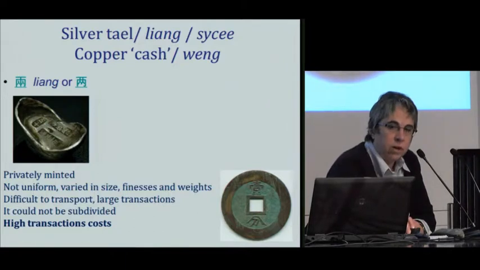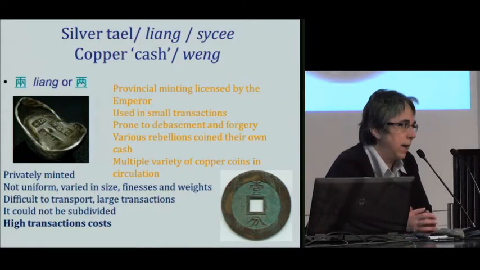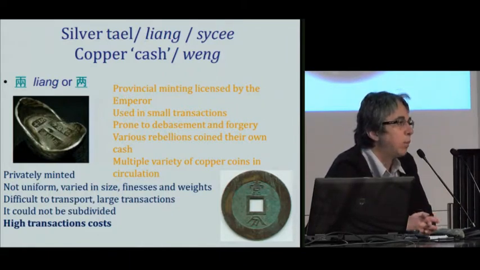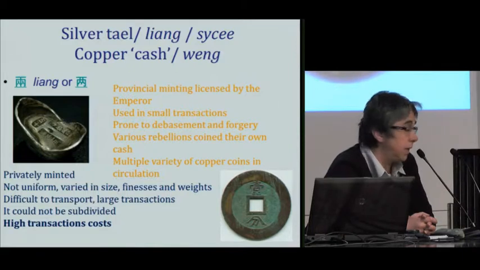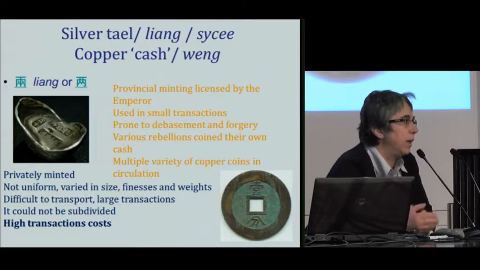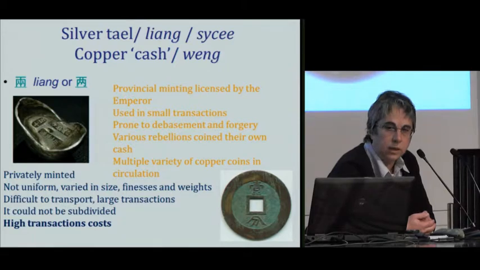Alongside the silver tael, there was the copper cash, or the copper coinage, that was minted by provincial mints under imperial license. It was used in small transactions. It was prone to debasement and forgery, and every rebellion tried and minted their own copper coin.